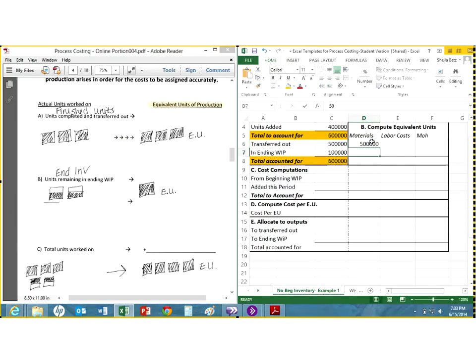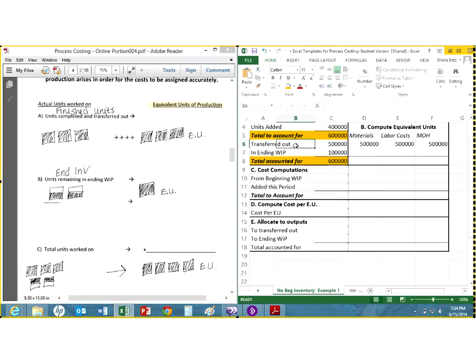We completed 500,000 units, which means we had to complete 500,000 units in regards to all the materials, 500,000 units in regards to all of our labor costs, and 500,000 units in regards to our overhead cost. So what we're doing now is saying how much did we complete of these 500,000 units for each of the 3 categories of product cost.